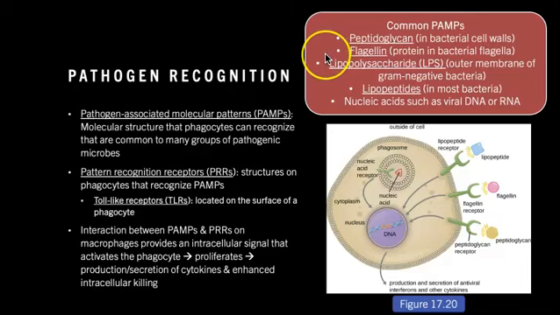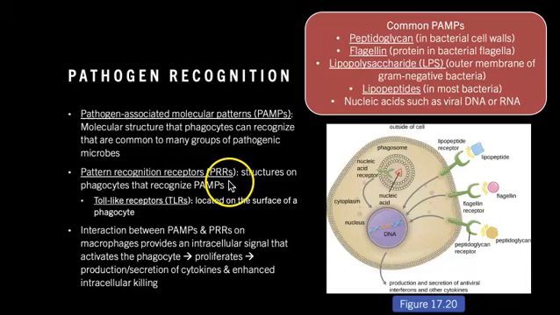We also have flagellin, which is a protein in bacterial flagella. LPS can be found in gram-negative bacteria, and lipopeptides are found in most bacteria. If we have a virus, nucleic acids such as viral DNA and RNA stand out to our phagocytes. These are all signs that we need to attack.